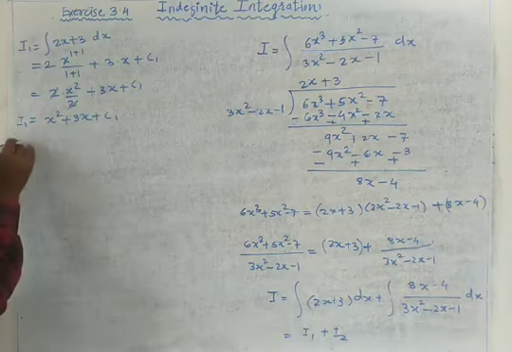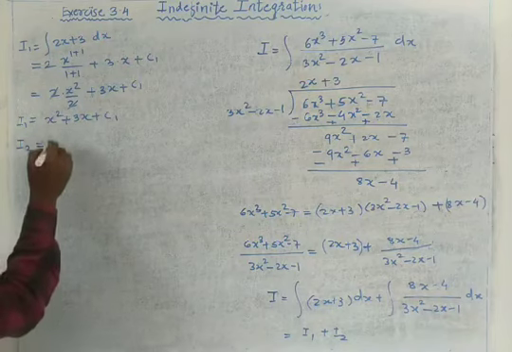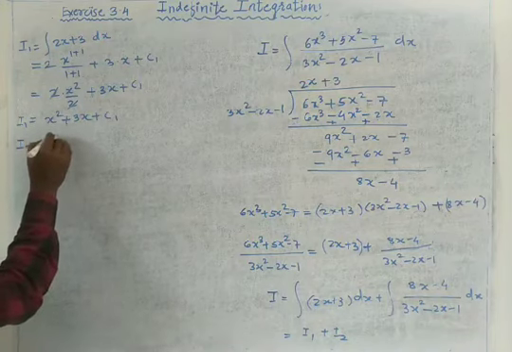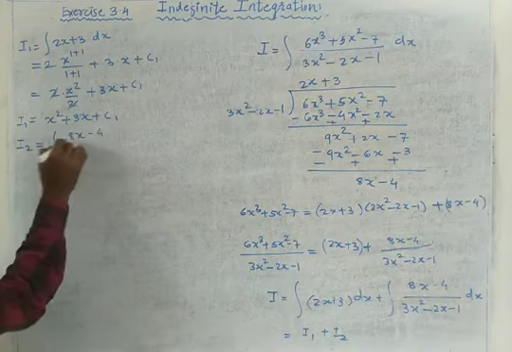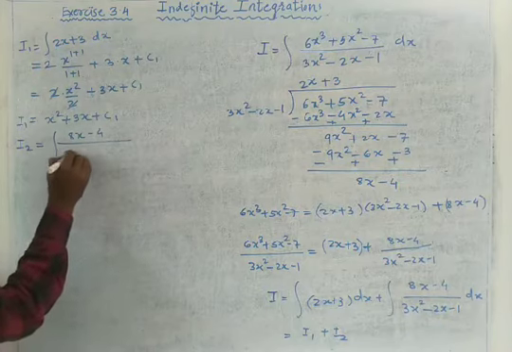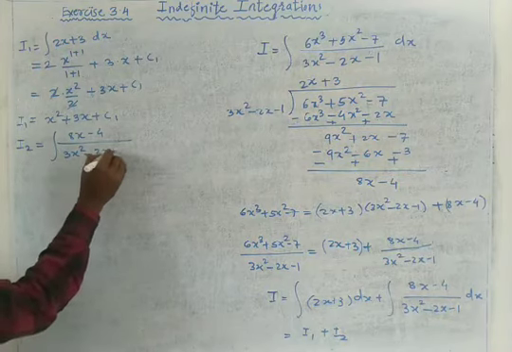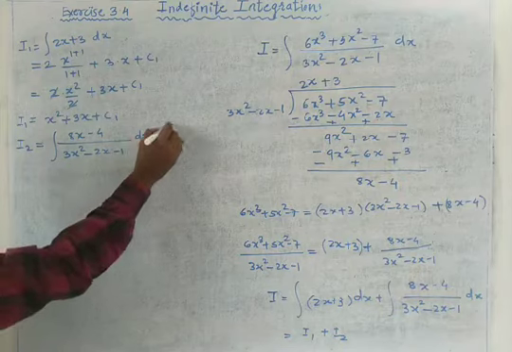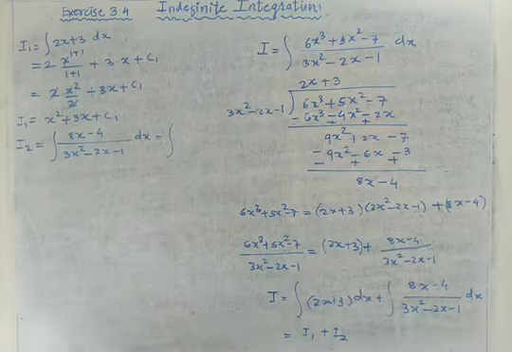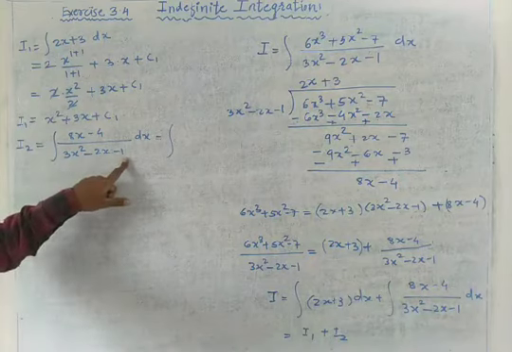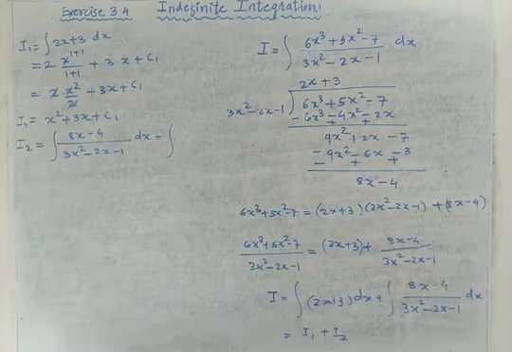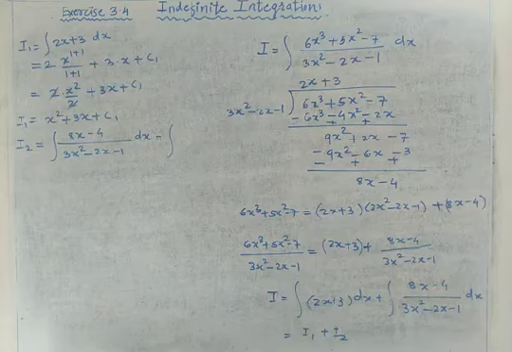Okay, now I2. Integration I2 is integration of 8x minus 4 upon the quadratic 3x square minus 2x minus 1 dx. Is it possible to find factors of the quadratic? We have to check. 3 into minus 1 is minus 3, and we have to check factors of minus 3 that give minus 2. Minus 3 into plus 1 gives minus 3 and the sum is minus 2.